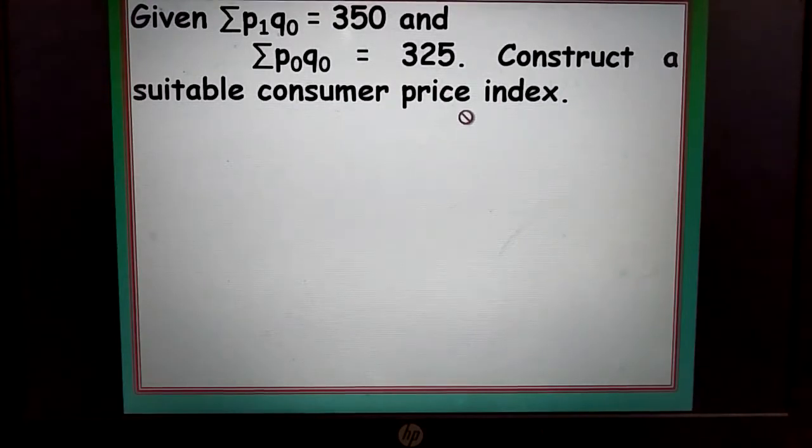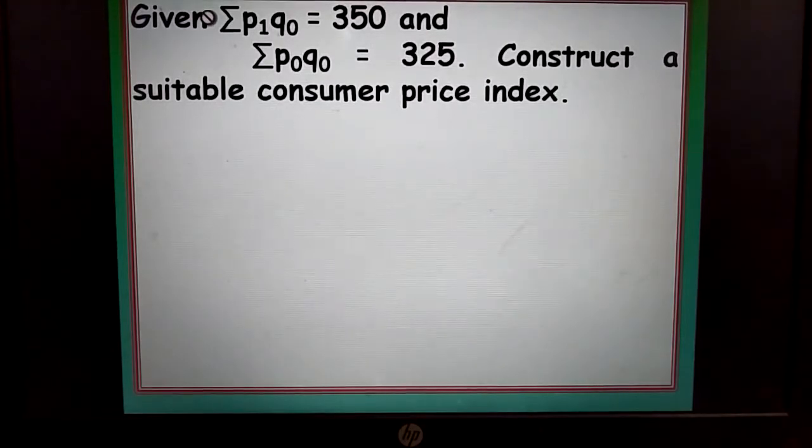Few students, because of their overlook on the question, will judge this to be calculated as Laspeyres index number. Though we can calculate based on the given data Laspeyres index number, we shouldn't calculate in the name of Laspeyres index number.